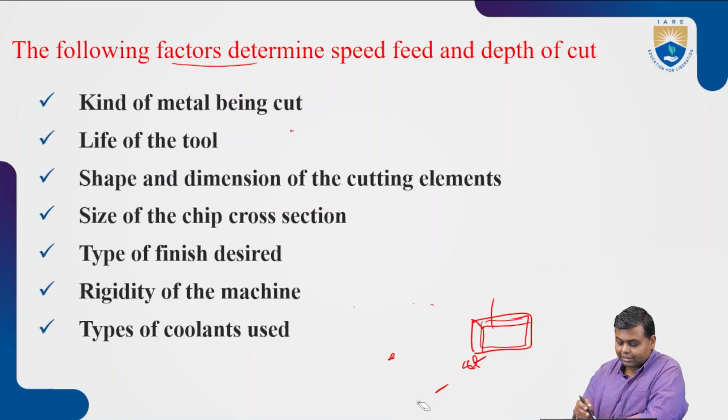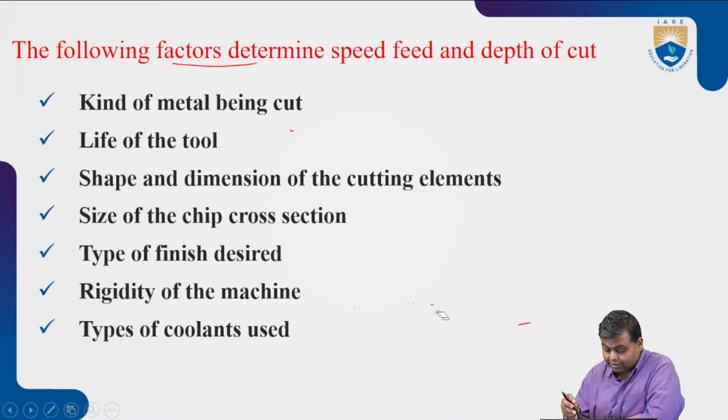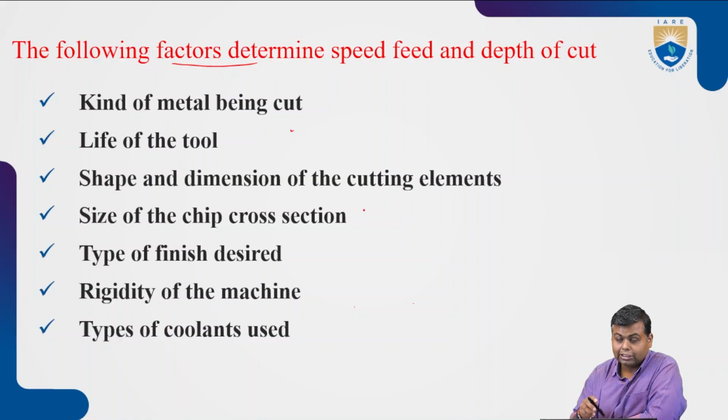Generally, if we increase the depth of cut, the width of the chip increases, and thereby the cross section also increases. So the increase in the depth of cut may affect the process parameters very effectively, and the work surface as well as the section related to the working process also gets affected.